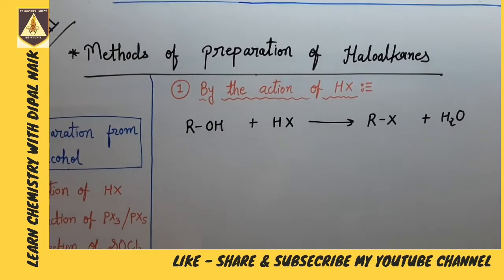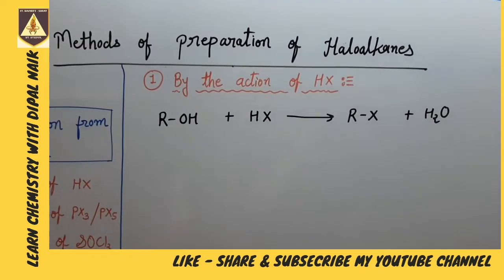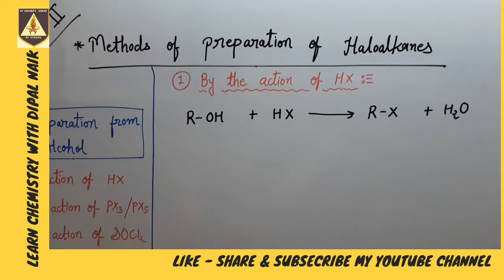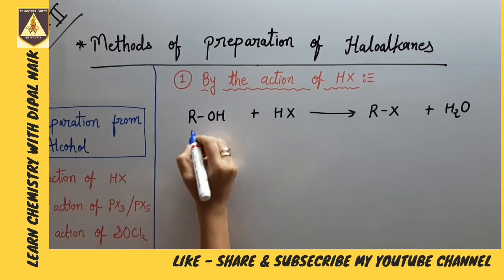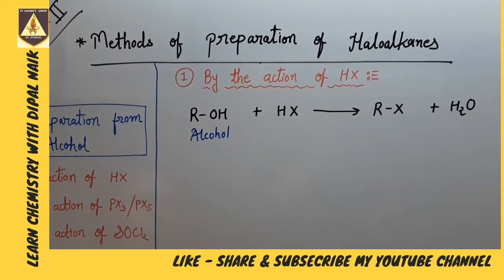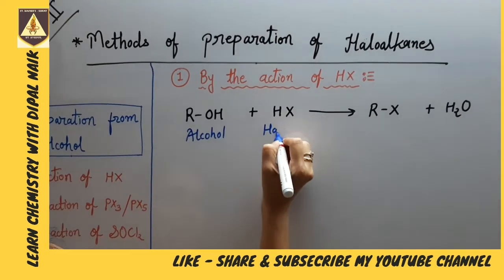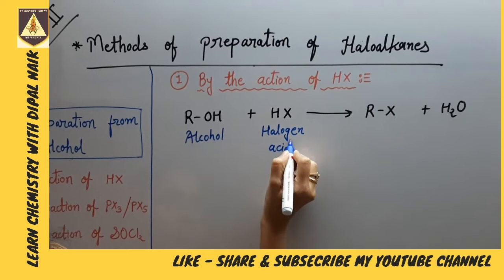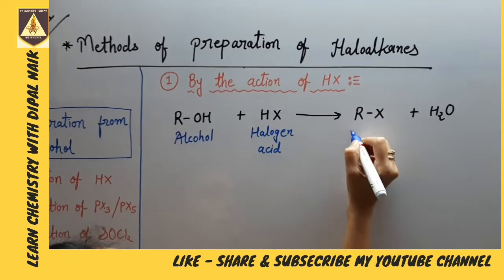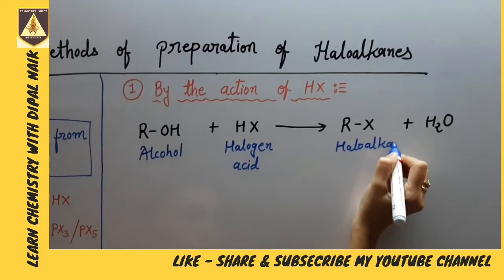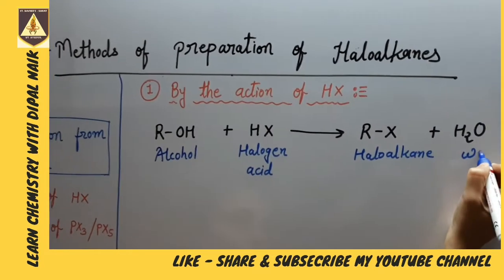So in any chemical reaction, it is compulsory to write the name of each reactant and product. This is alcohol, our starting material. This is halogen acid, which gives haloalkane and water.